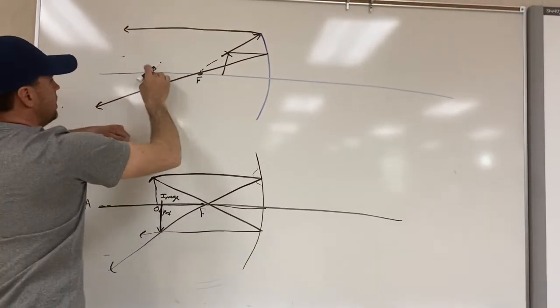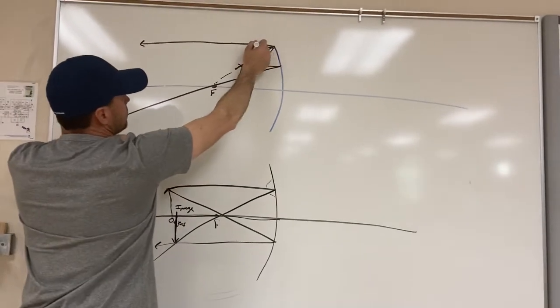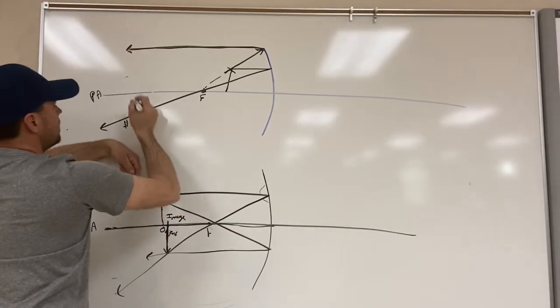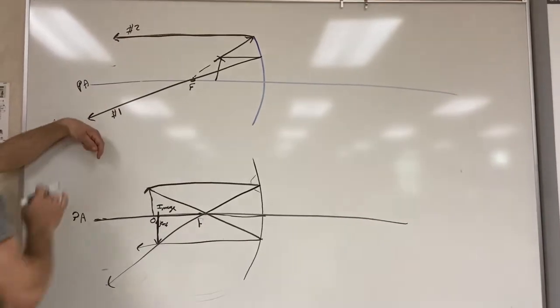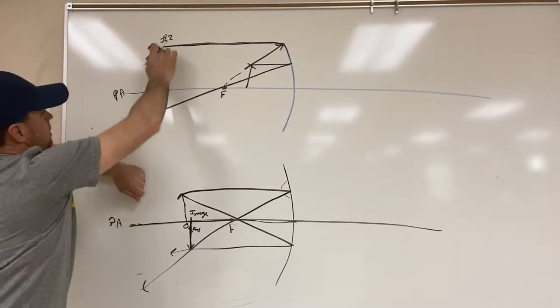Parallel to what? Parallel to this thing called the principal axis. Right? Do you think that these two rays, ray number 1 and ray number 2, are about to intersect somewhere on my side of the mirror? I don't. They're actually getting further apart.